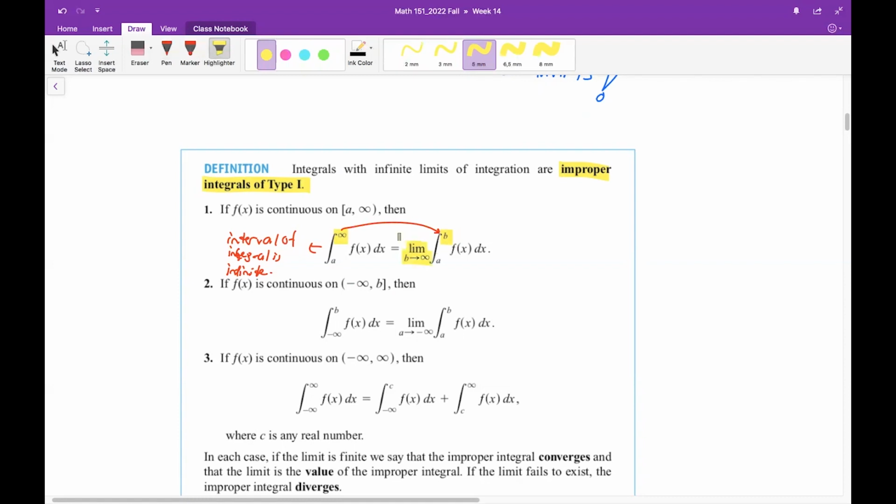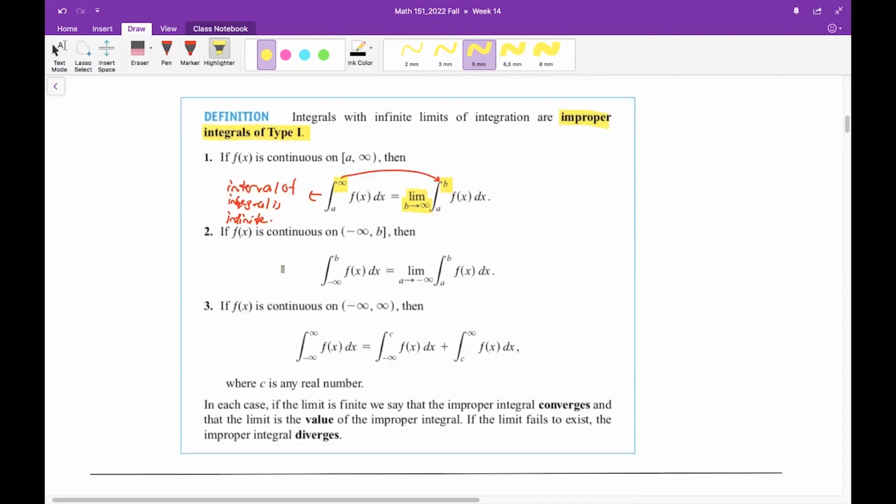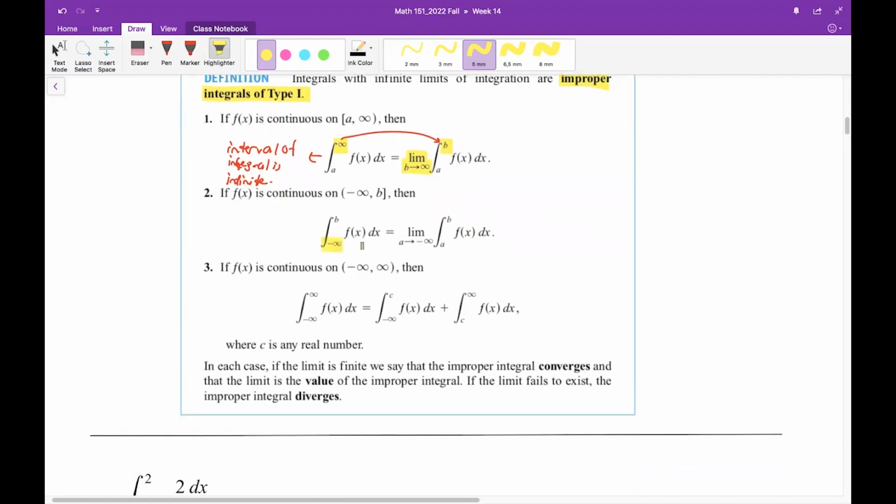And look at the second case, please. Still, the interval of integration is infinite, and we want to fix the problem by naming that minus infinity part as a variable. And then if you send a to minus infinity, the right-hand side and the left-hand side will be the same.